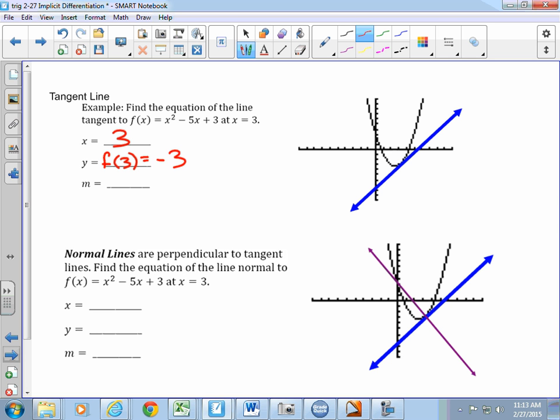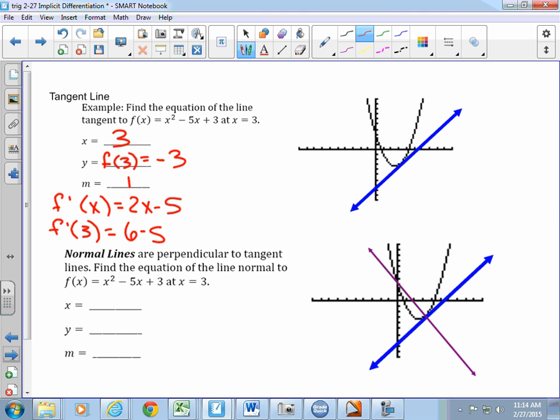And m, how do I find m? Man, aren't you so glad you don't have to do the derivative the long way anymore. Do you have a question?